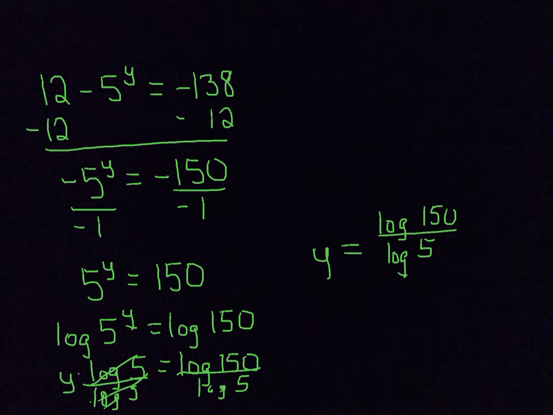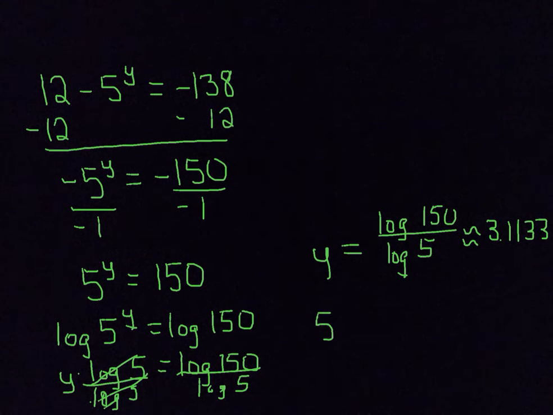Now here's just where you use your calculator. Log of 150 divided by the log of 5 is approximately 3.1133. Does this make sense?